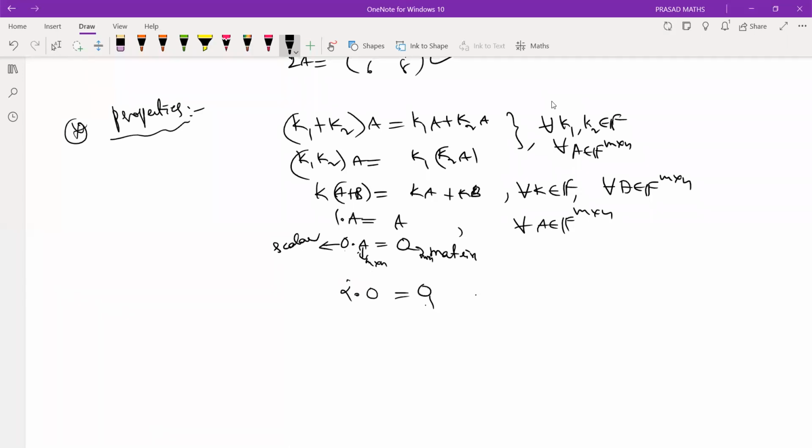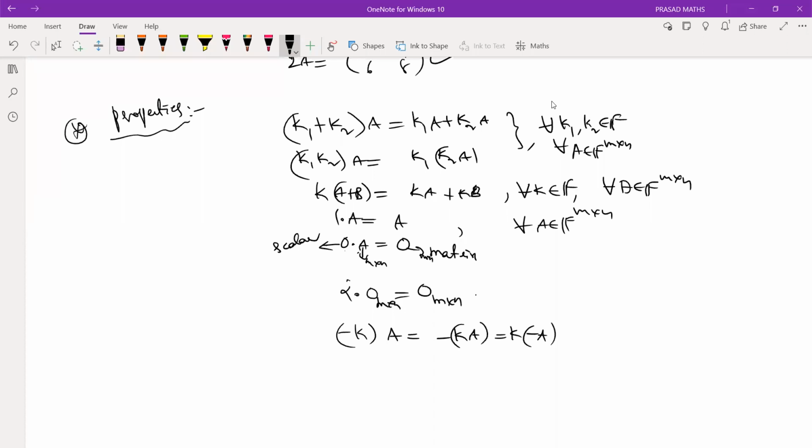The 0 matrix, of the same m by n size. And minus k into A is equal to minus kA, equal to k into minus A.